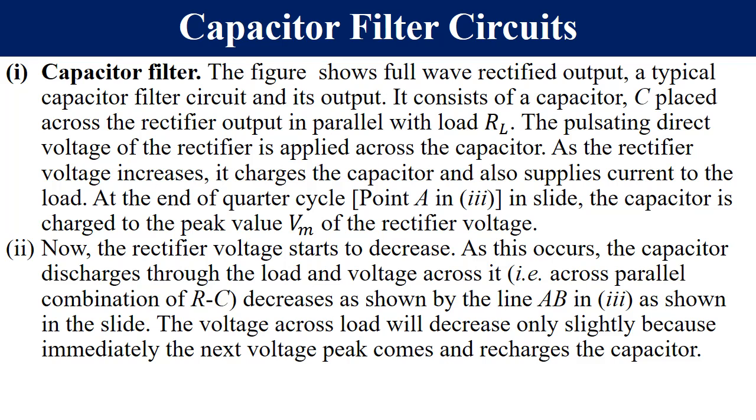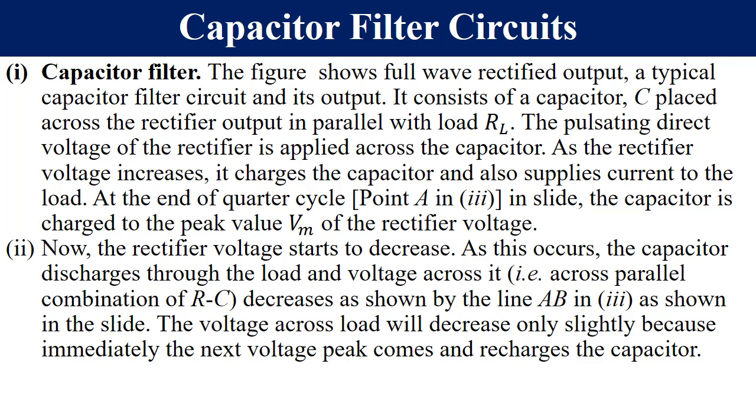But when the rectifier output starts decreasing, the capacitor also starts discharging. But please take note, it discharges through the load, and the voltage across it starts decreasing as shown. And it is shown by the line AB. A is the peak, B is the voltage that it is going to decrease to.